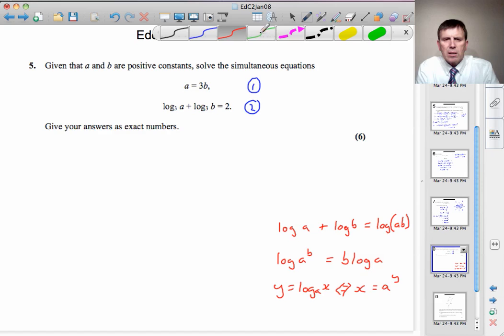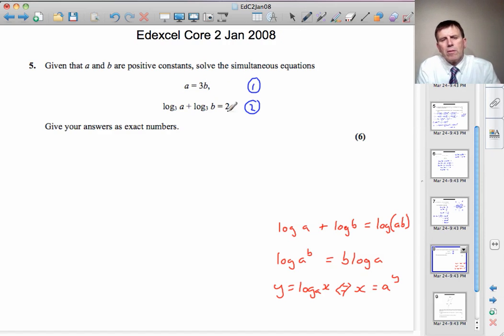Right, we're now ready to tackle the question. And I can say from the second equation, we can add these logs together and say the log to the base 3 of ab is equal to 2.